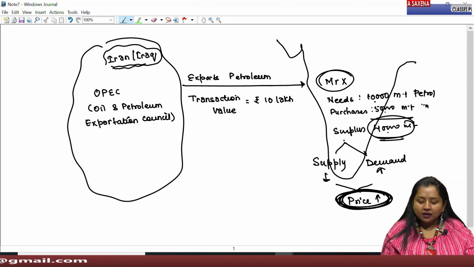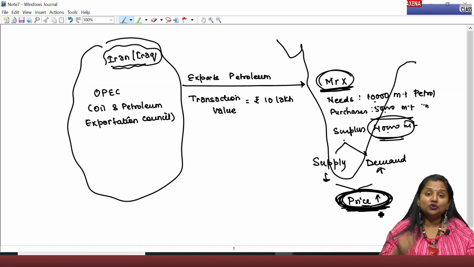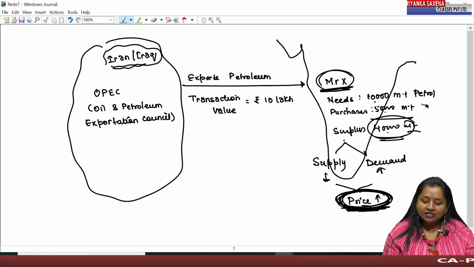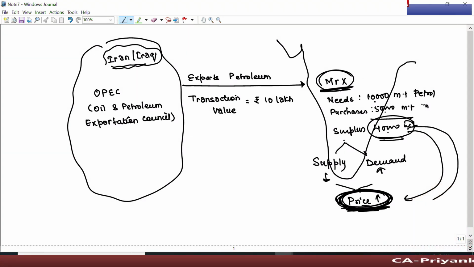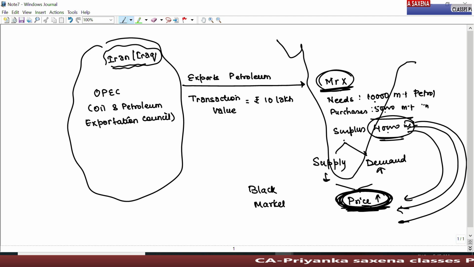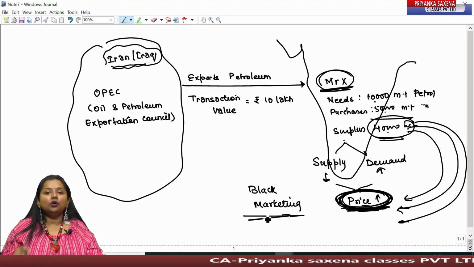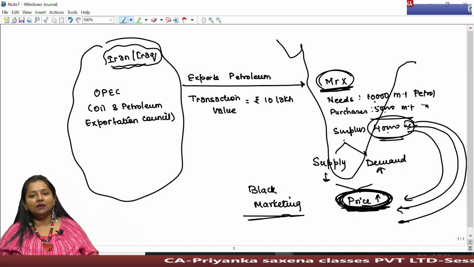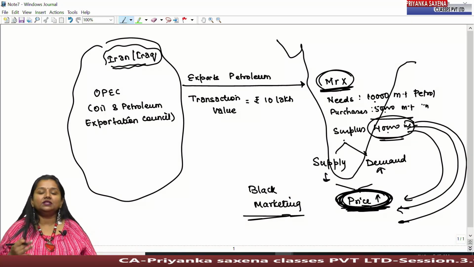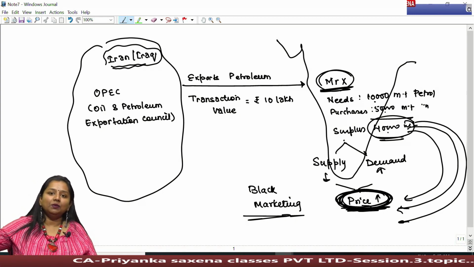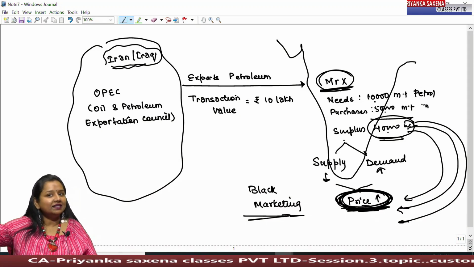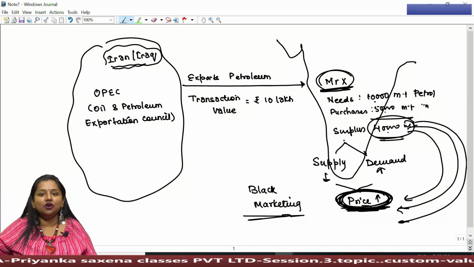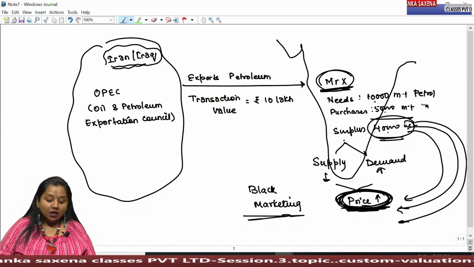And once Mr. X decides that the price of this petroleum has increased to a particular point, he can start releasing his overstocked petroleum at such increased price. This is known as black marketing or jamakhori, in which wholesalers or retailers start preserving stock in surplus, so that when market supply gets reduced and the price gets increased, they can release the stock at an increased price in the market.